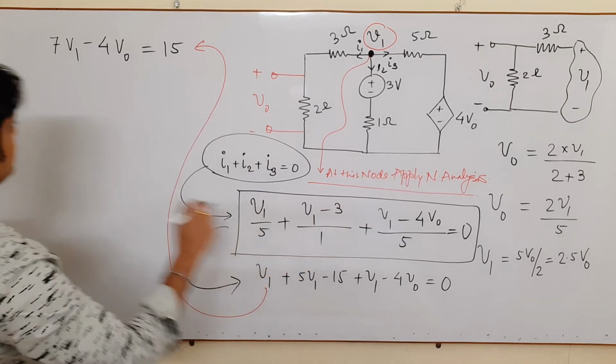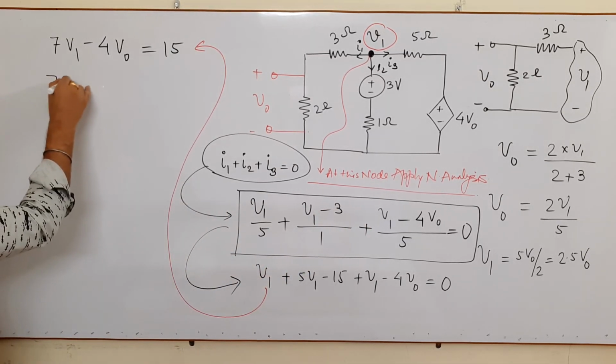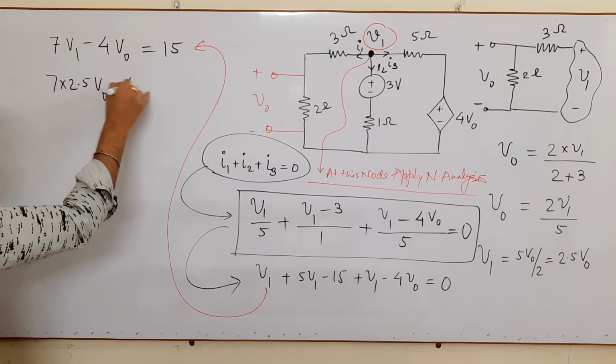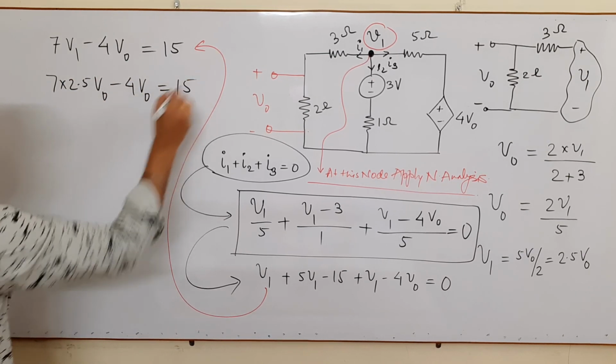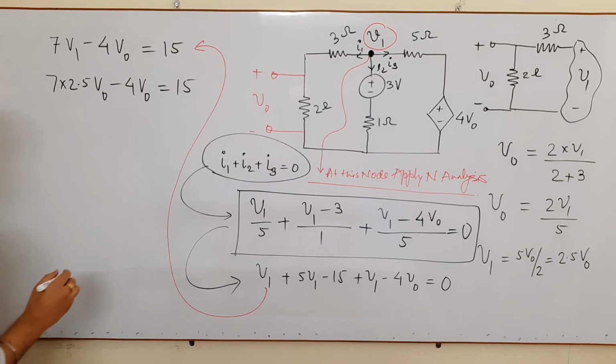Now the value of V1 is 2.5 V0, so it comes to 7 into 2.5 V0 minus 4V0, which equals 15. If you solve this, how much is it?